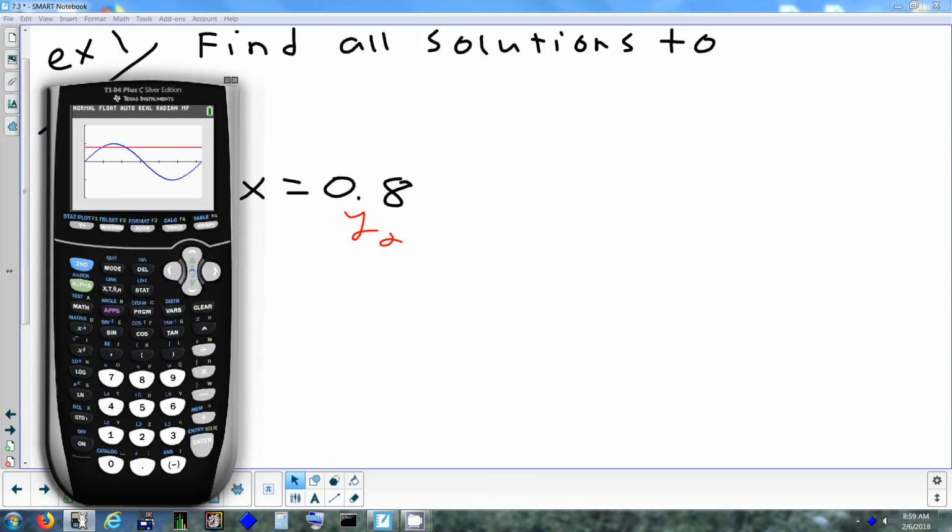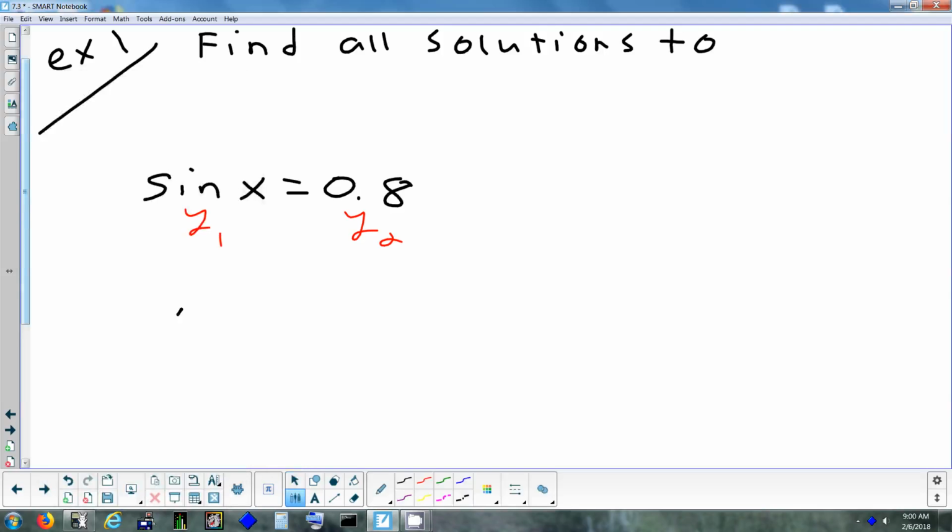Okay, and the directions I wrote said find all the solutions in that cycle. So let's go second calc, intersect. Okay, I'm going to do the second one, the one further to the right. If someone else can do the one more to the left, that would be great. Okay, so the one further to the right is 2.21 radians.